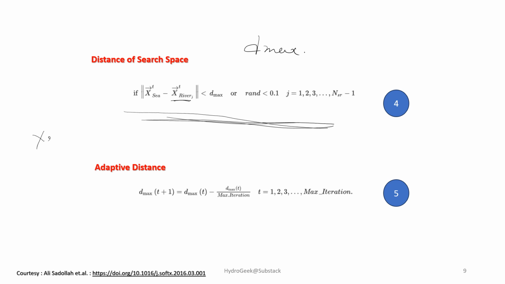So xc minus x river, that is why this j is given as script. J is indicating the river number. So x river 1, x river 2, x river 3. And this Dmax is generated from this one.